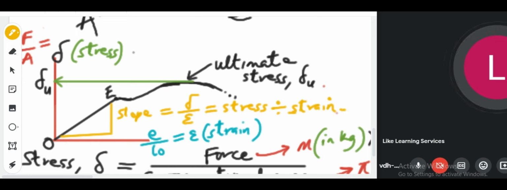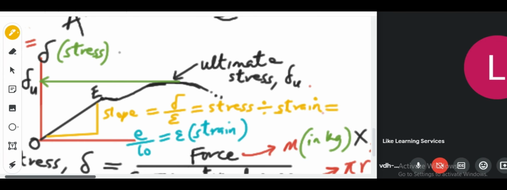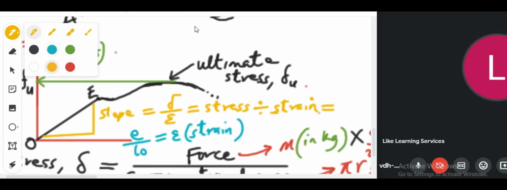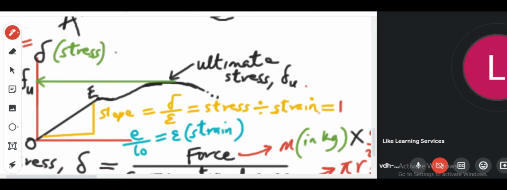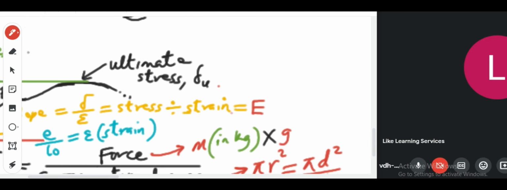And that slope gives a quantity we call Young modulus, E. E is the Young modulus.